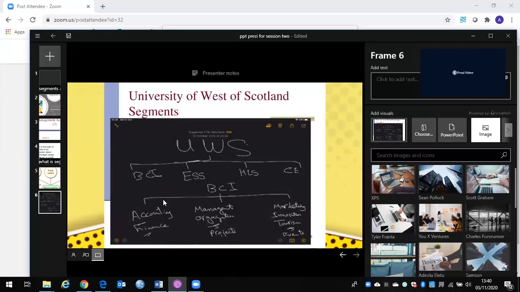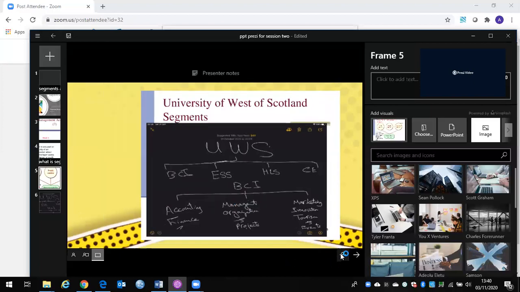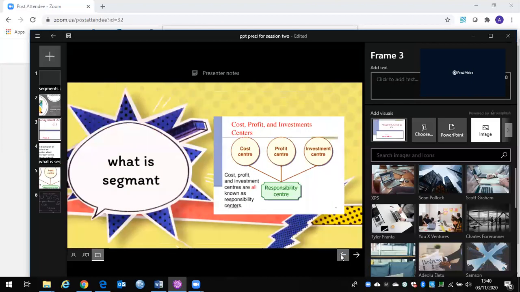This is the idea of segments, and I wanted to explain what segments mean, how they are classified, and what common and traceable fixed costs mean. Of course, I will repeat this again in the next example. I hope this is okay with you.